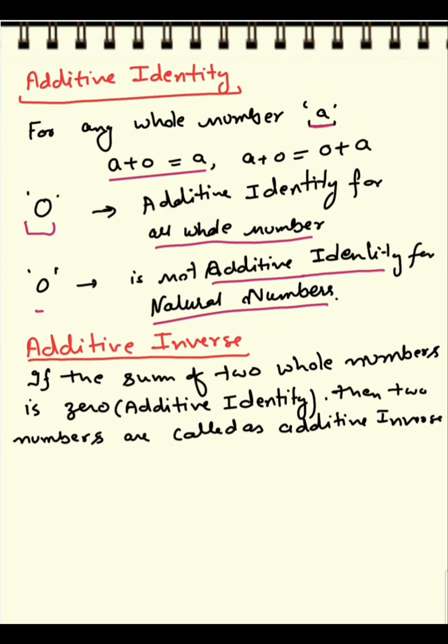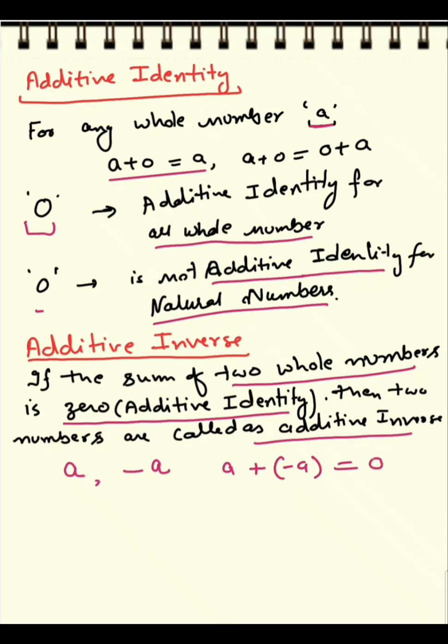Now let's discuss additive inverse. If the sum of two whole numbers is 0, means additive identity, then the two numbers are called additive inverses of each other. This is possible only if we have one number A and another is the negative of that number, minus A. If we add these two numbers, then we'll get 0.